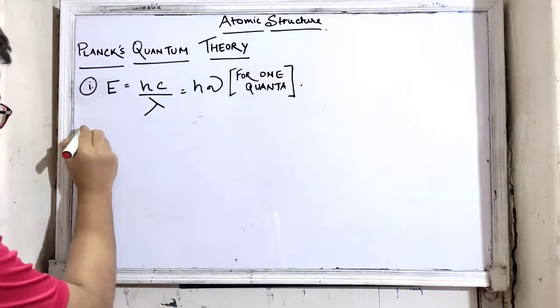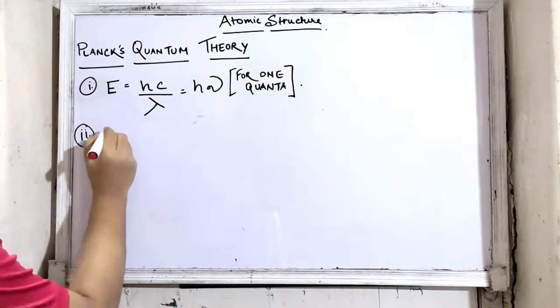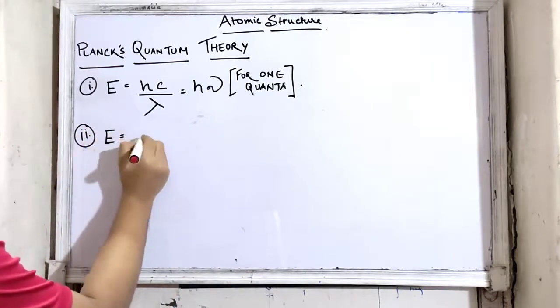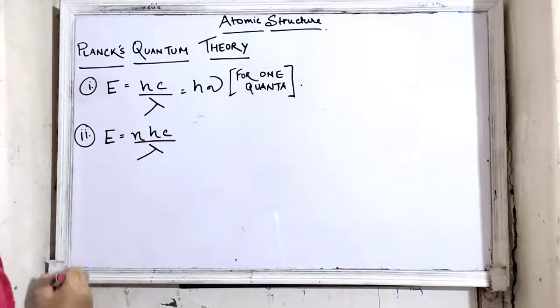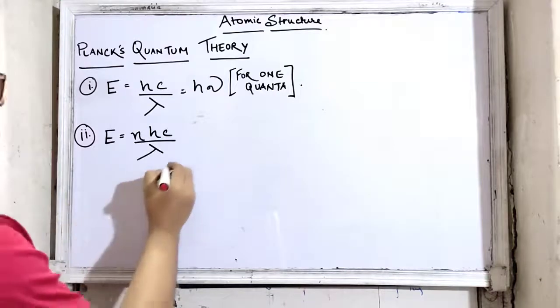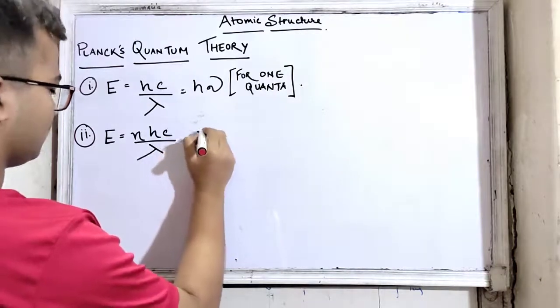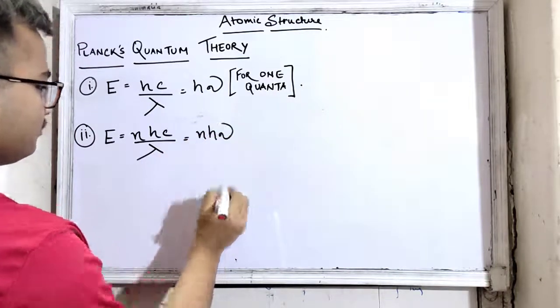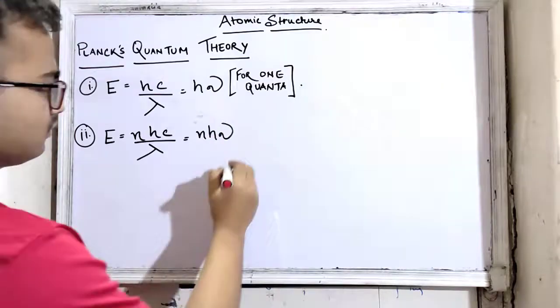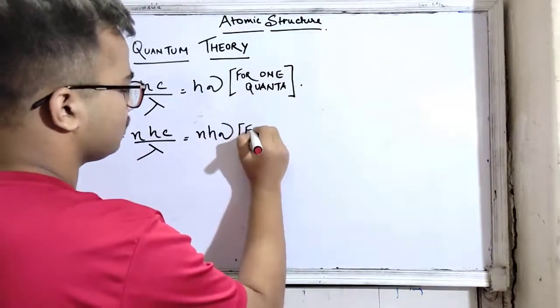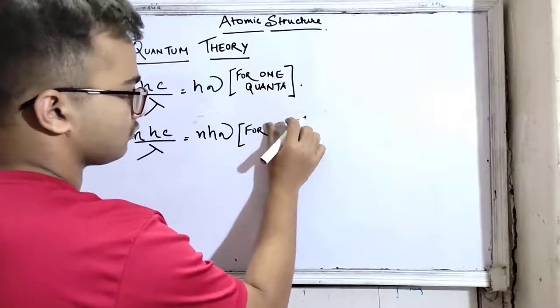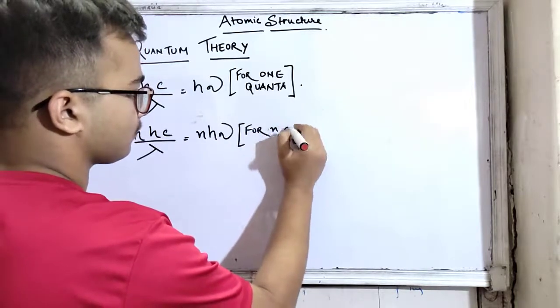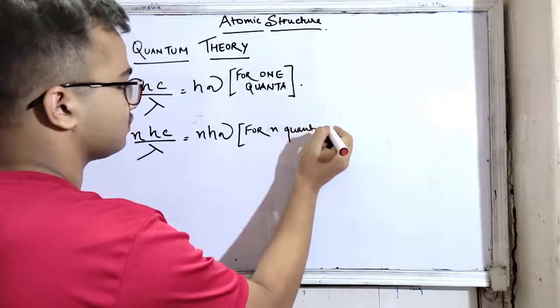Now when quanta is n, then the formula becomes E equal to nhc by lambda, or you can say nh nu, for n quanta, right?